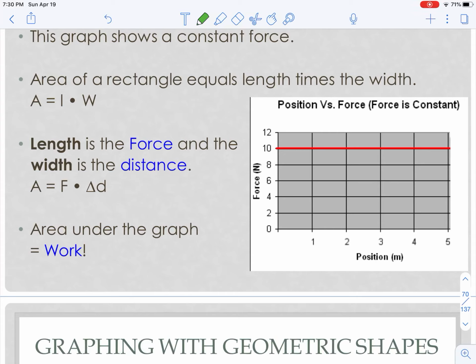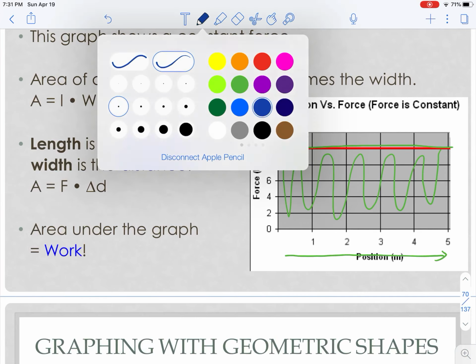Now, if you have a constant force, so every position that your item is, you continually have a force of 10 newtons, that's a pretty easy calculation because your work is actually everything under the line.